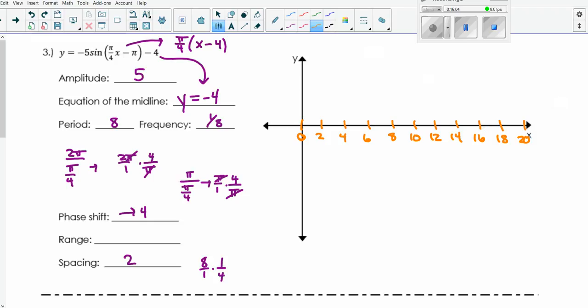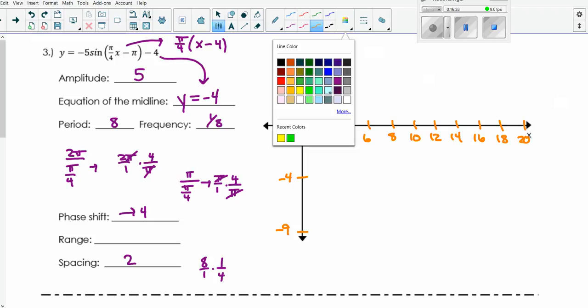Okay, all right, so we need to go down 4 to our midline, and then up and down 5. So we'll call this down 4. And then down 5 from there means about the same distance, a little bit more. So if I go down 5 from here, now I'm at -9. If I go up 5 from here, I'm at 1.